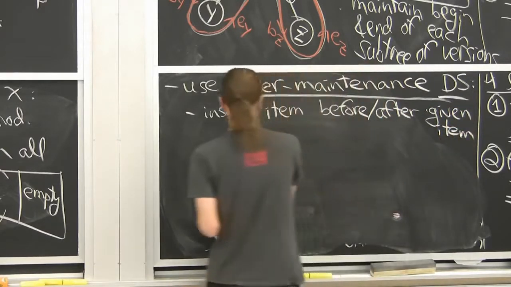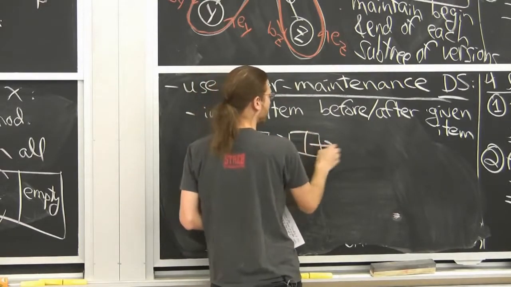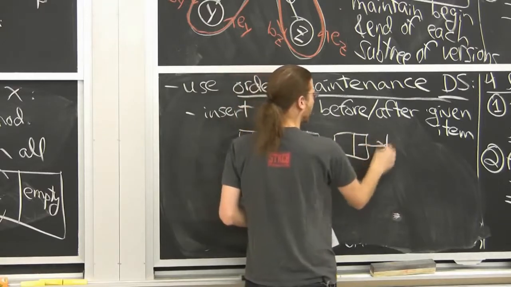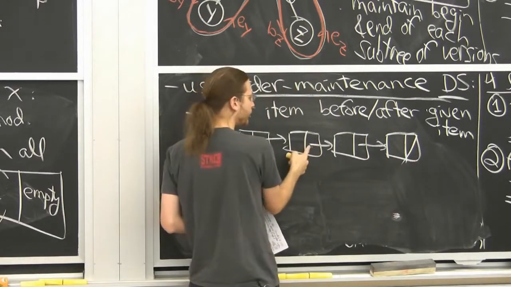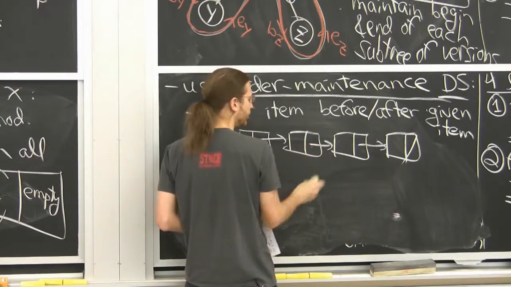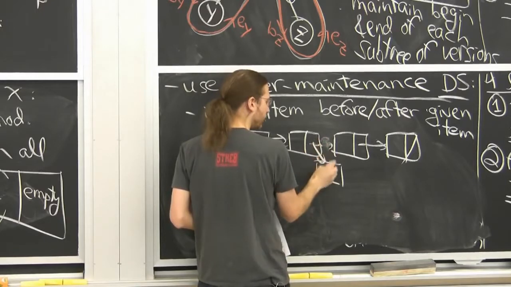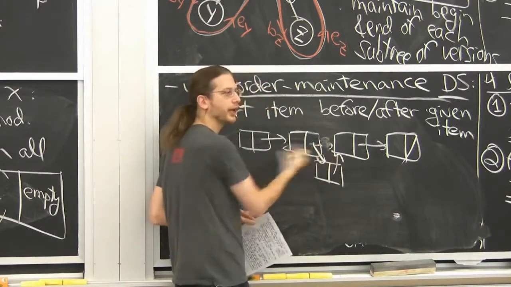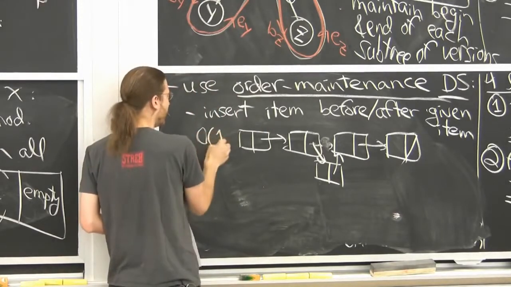This is like a regular linked list. And if I'm given a particular item like this one, I can say, well, insert a new item right here. You say, okay, fine, I'll just make a new node and relink here, relink there. Constant time, right? So in an order maintenance data structure, you can do this in constant time.